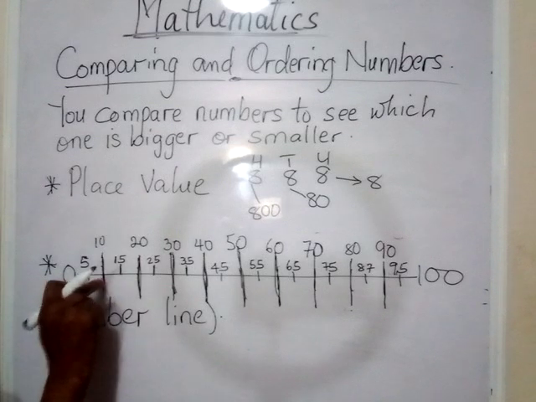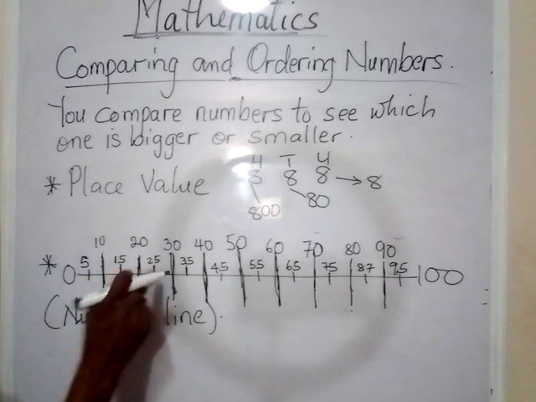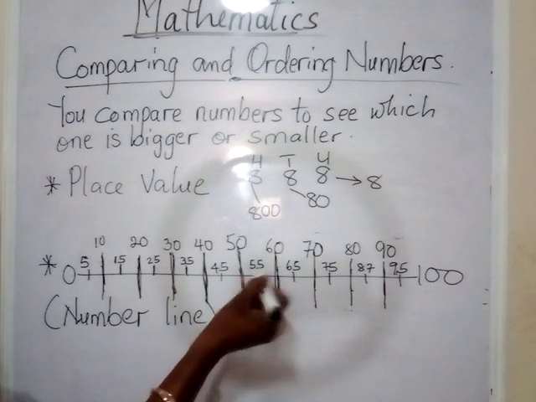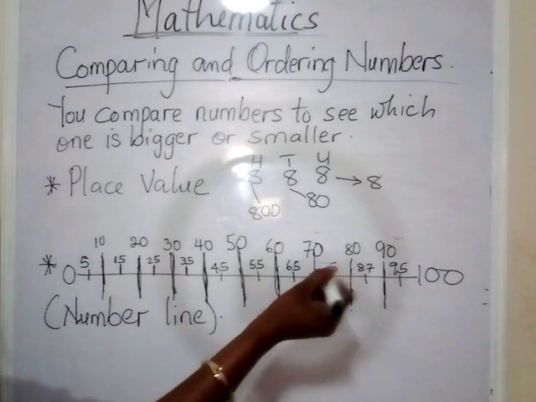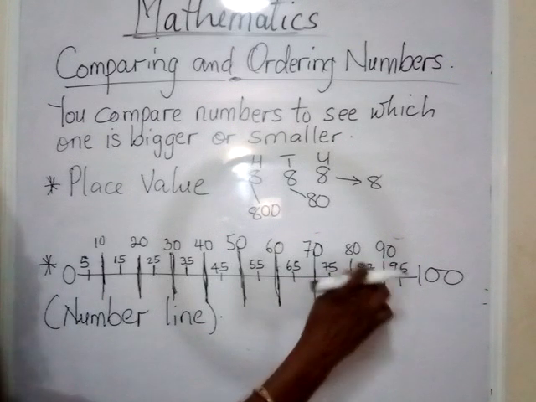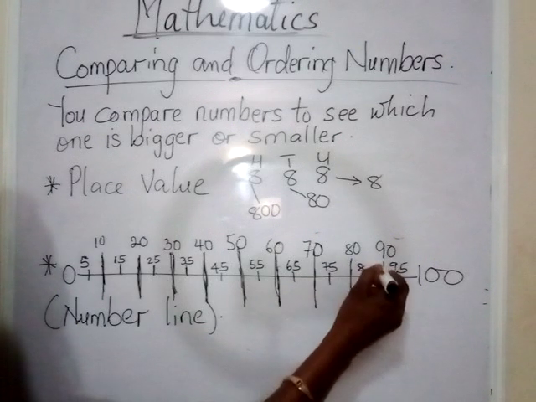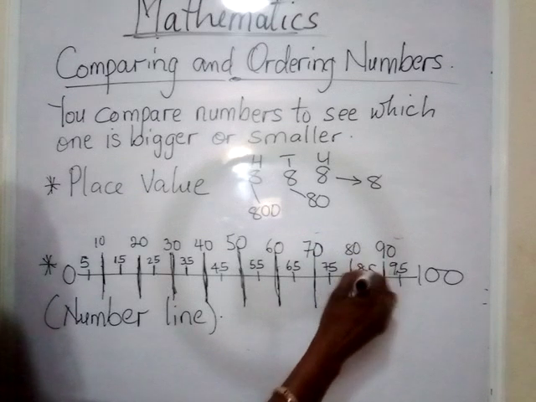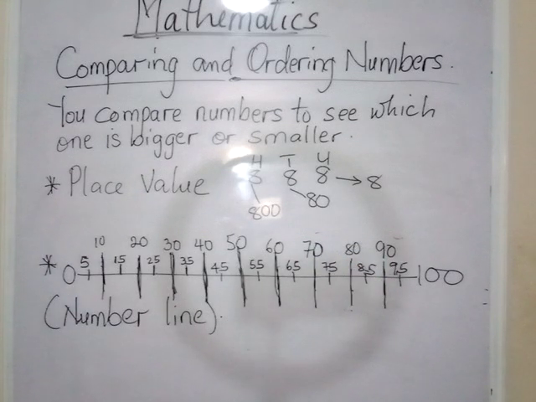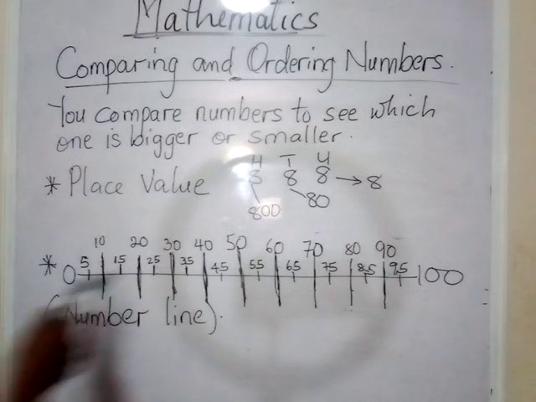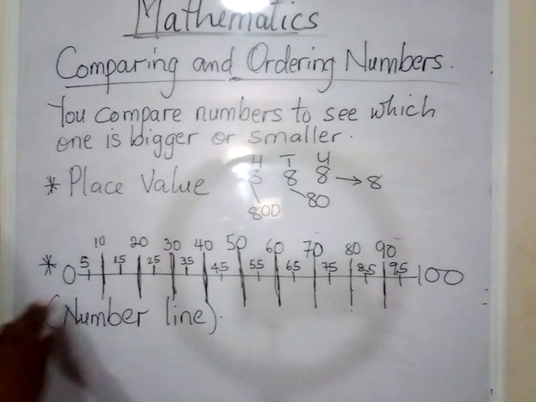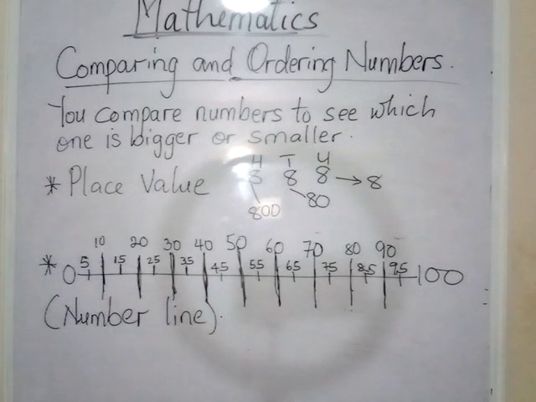The midpoint of 10 and 20 is 15. Just like that, here you have 25, 35, 45, 55, 65, 75, 85, and 95. So these are the midpoints. The larger ones are in tens, and the others are the midpoints, which are in fives.